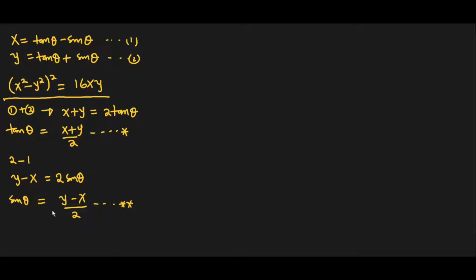So we are looking for ways of eliminating the variable theta out of these two equations. What we are going to do in that case is refer to the standard trigonometric identity, which is known to almost anyone, that is sine squared theta plus cosine squared theta is equal to 1.